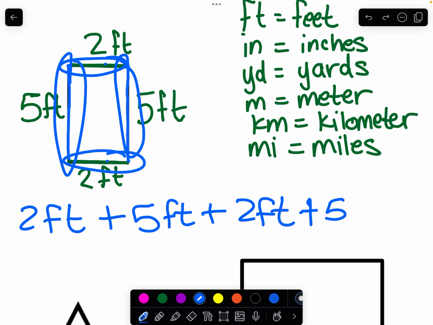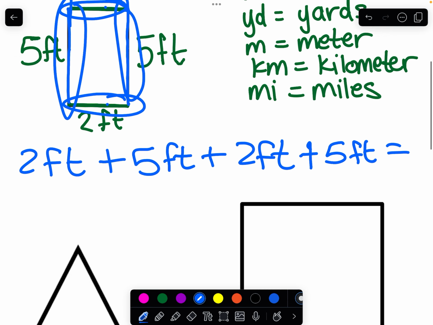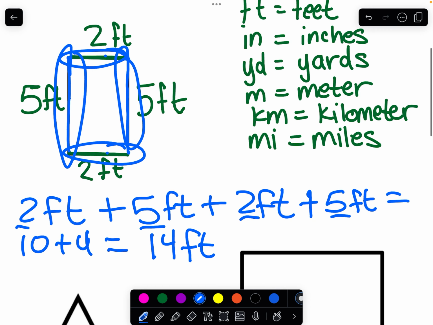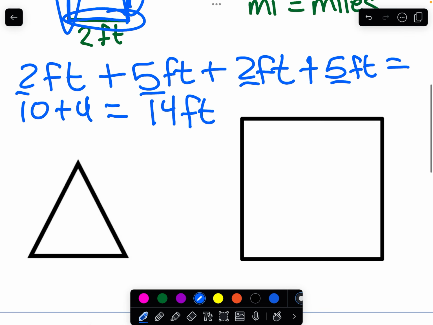I can't write today. And now we're going to add all of these up. Let's see. 5 plus 5 is 10. 2 plus 2 is 4. And that is going to give me 14 feet. So now I know that the perimeter of this rectangle that I've covered up here is 14 feet.